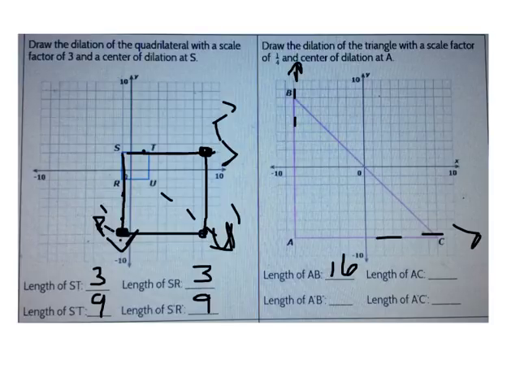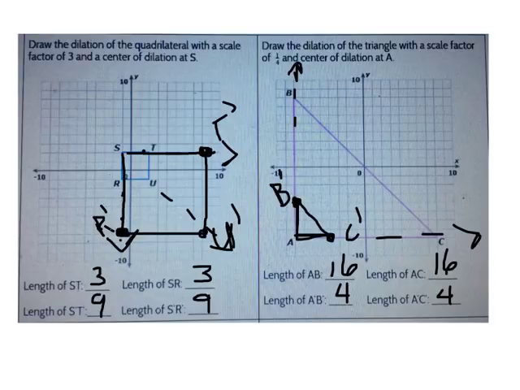The length of AC is also 16. When I dilate the shape by a scale factor of 1/4, what will be the new side length of A prime B prime? What's 16 times 1/4? It's 4. What will be the new side length of A prime C prime? It will also be 4. Go ahead and draw the dilation of that figure now. Check to see that your dilation looks like mine.